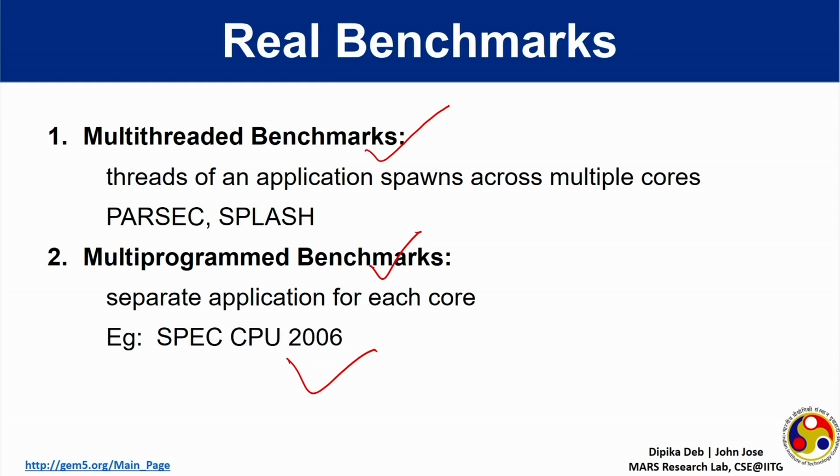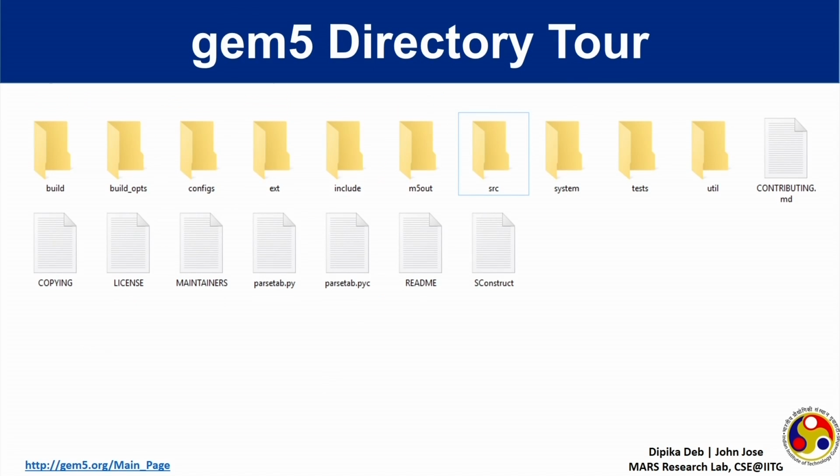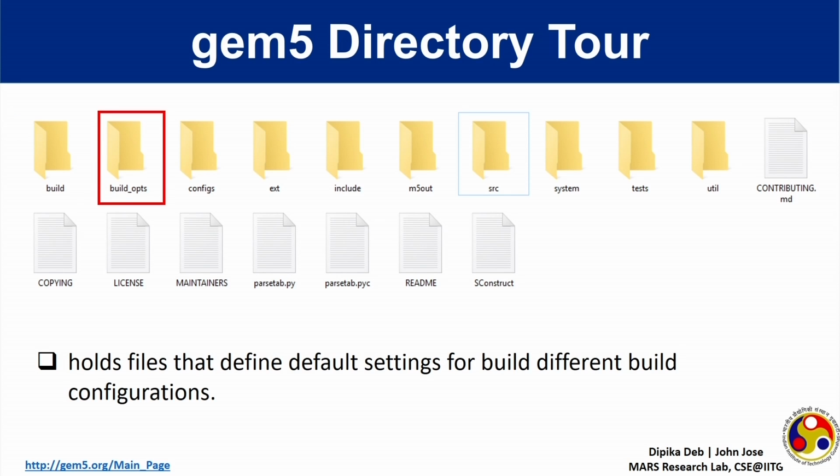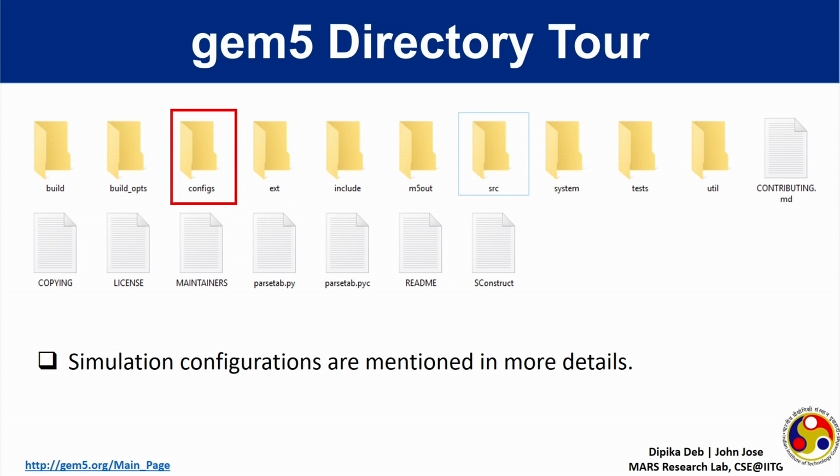So, next we go through a quick directory tour of gem5. Inside the gem5 directory, you will find these directories. Build contains the build directory, which is generated after typing the scons build command. The build_opts holds files that define default settings for different build configurations.